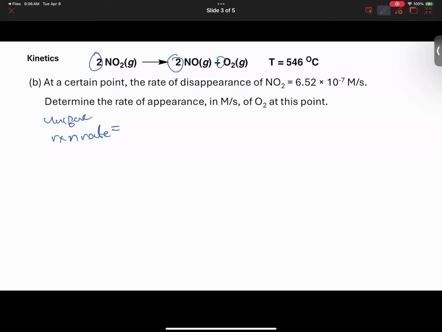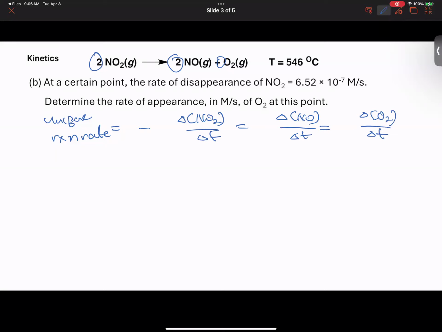In the case of the reactants, we write negative. So the change in concentration per time of the reactant is equal to the change of the product over time, and again the change of the other product over time.